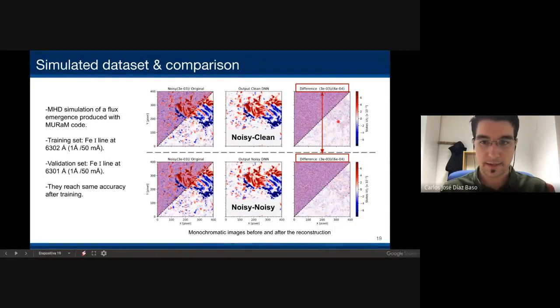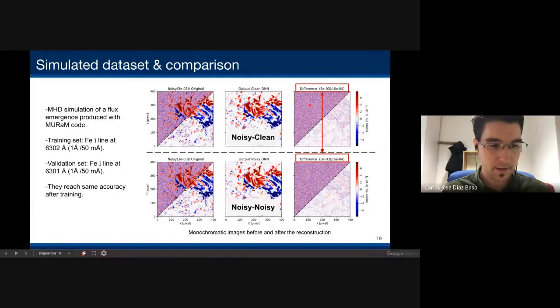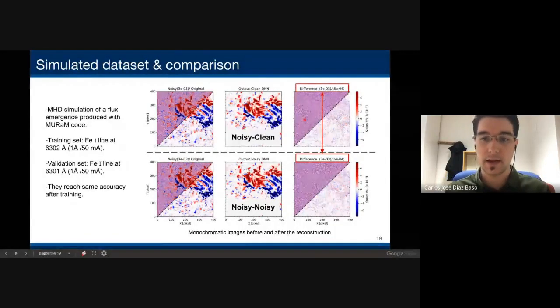So at least what I see in the difference, I was not getting correlations on some patches, or something that could be a signal. It was only a random distribution of noise.